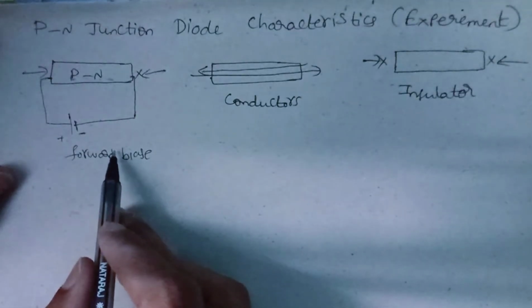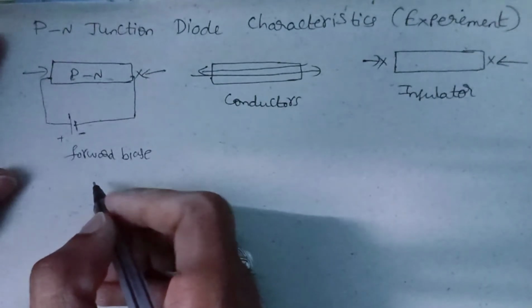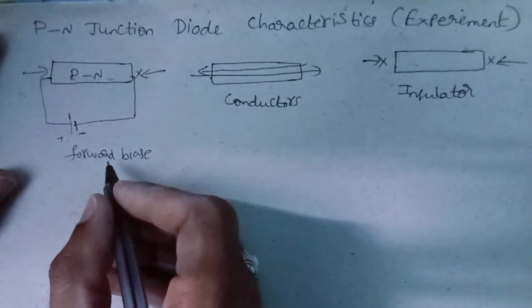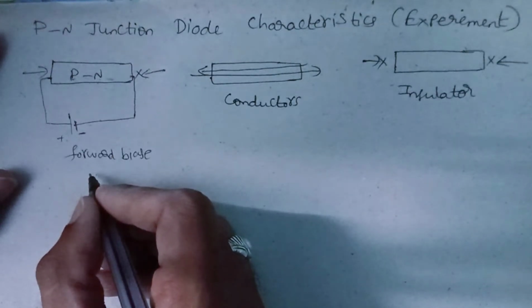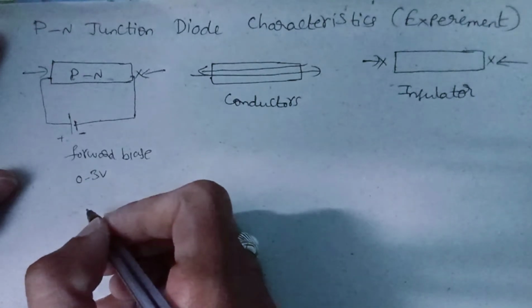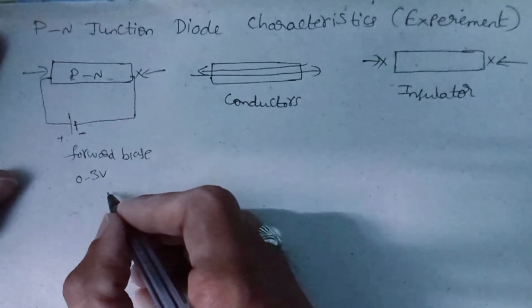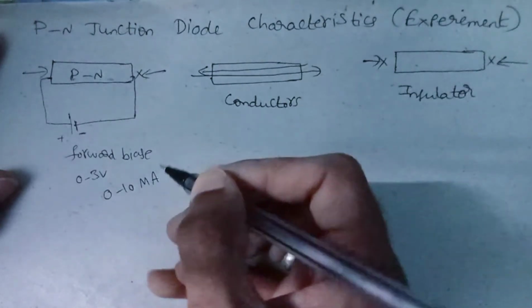In forward bias only current will flow through the PN junction diode. Even if we supply in forward bias connection very low DC voltage, 0 to 3 volt DC voltage, we can observe the current from 0 to 10 milliamperes.